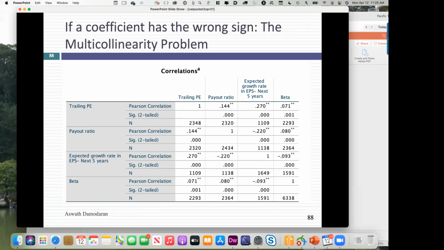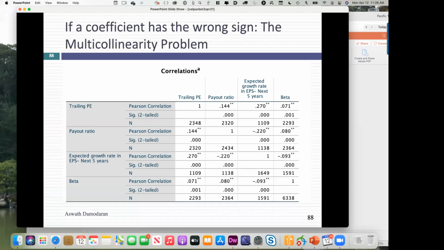It means the coefficients you see on the variables might have the wrong sign. Remember for beta, I got a positive sign instead of a negative sign. That's not because beta doesn't matter. It just means that high beta companies tend to have high growth and the computer is really confused about what exactly beta is measuring. Is it measuring risk or is it measuring growth? But the overall regression can still be used to make predictions.